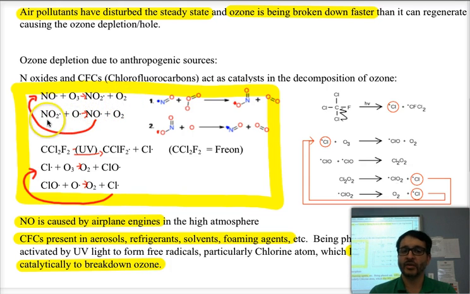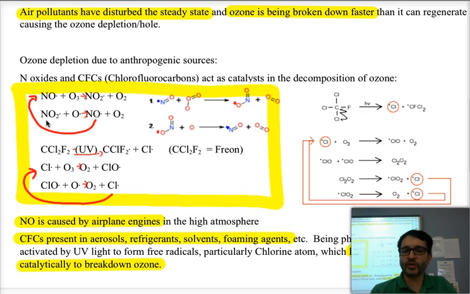The nitrogen dioxide radical will react with atomic oxygen that is floating in the atmosphere to give another nitrogen monoxide and another molecule of oxygen. So basically what's happening is that the NO2 is trapping the atomic or radical oxygen that would react with an oxygen molecule to form ozone.